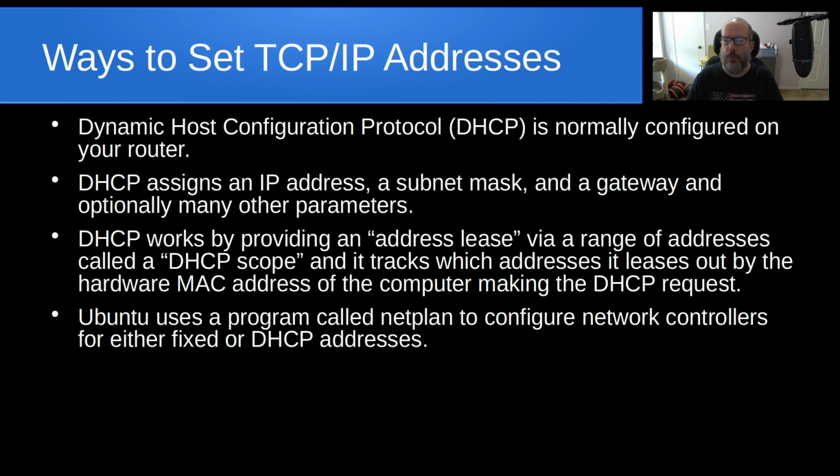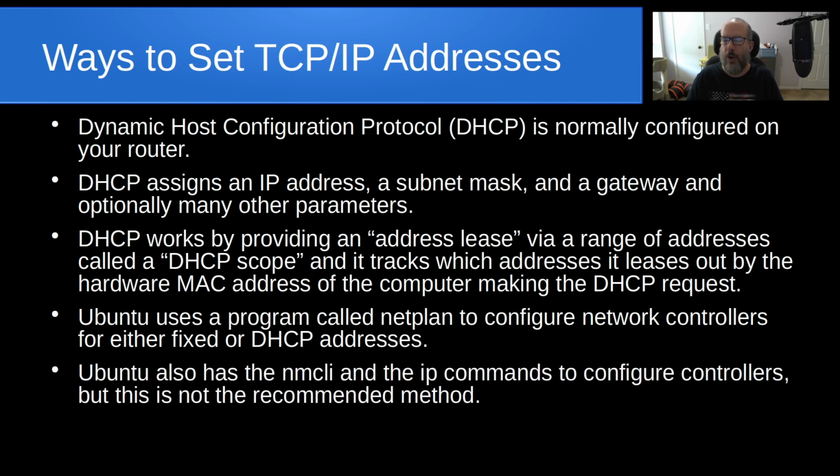So Ubuntu uses a program called netplan to configure network controllers for either fixed or DHCP addresses. And I've covered netplan on the channel before, and we're going to cover it again this time, both in setting a DHCP address and also setting a fixed or static address.